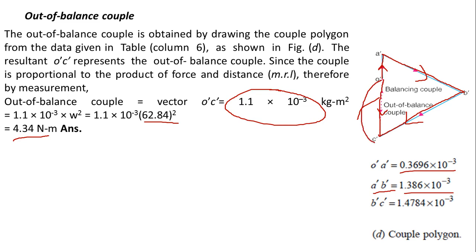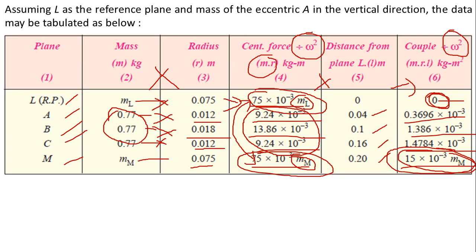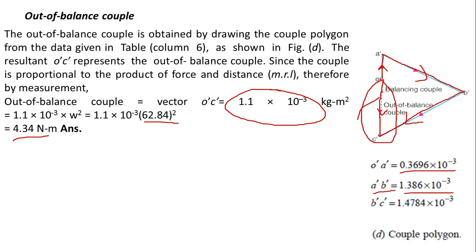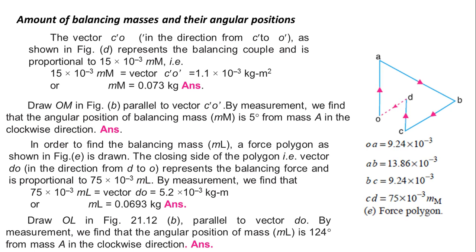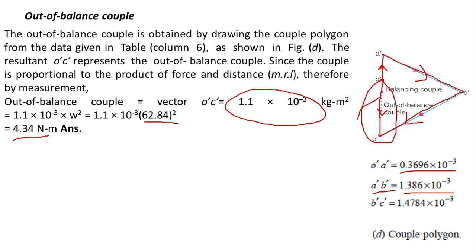So this will be O dash C dash, whatever is there, the 1.1 into 10 to the minus 3. This is nothing but actually the value of the unknown, 15 into 10 to the power minus 3 mm. So 15 into 10 to the power of minus 3 mm will be equal to vector C dash O dash, that is 1.1 into 10 to the power of minus 3, same thing.